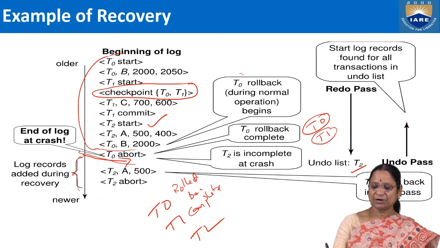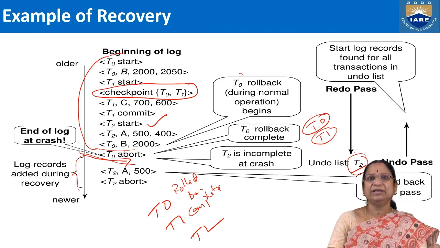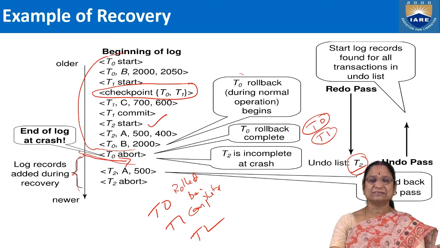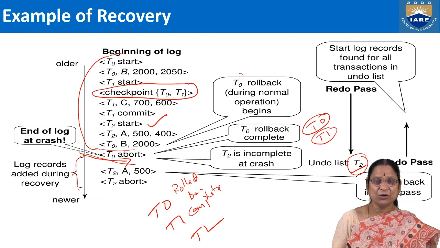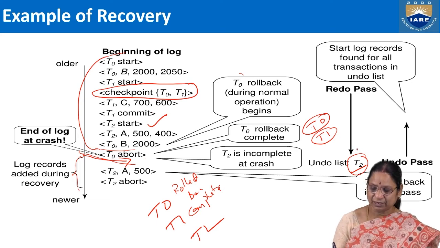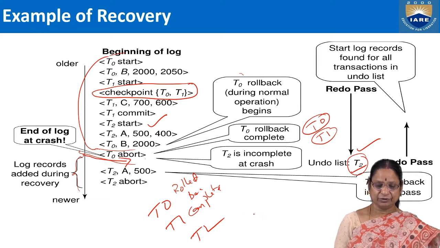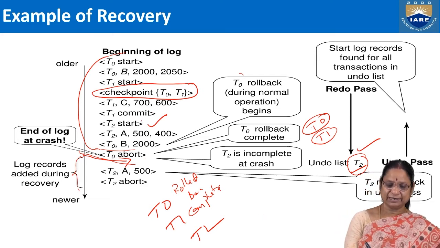So in the undo pass, what are we supposed to consider? We have to undo only the T2 transaction. So T2 must be rolled back in the undo phase. Start log records are found for all transactions in the undo list. Now in the current example, only records related to T2 have to be undone. So when we move in the upward direction, T2 A 500 400 is there.